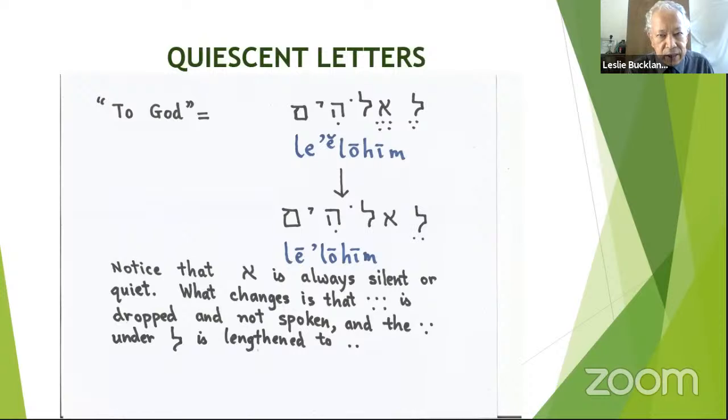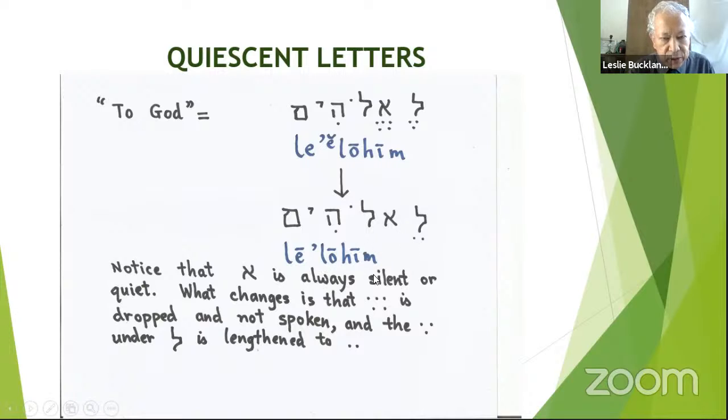Notice that the composite shawa drops out, and this section of the word is not pronounced, for we go from the preposition straight to the rest of the word: le lohim.